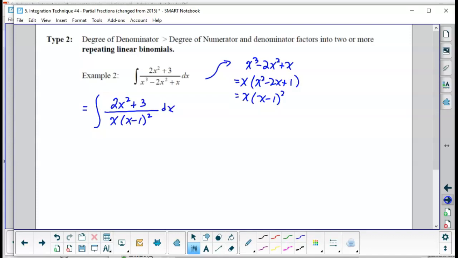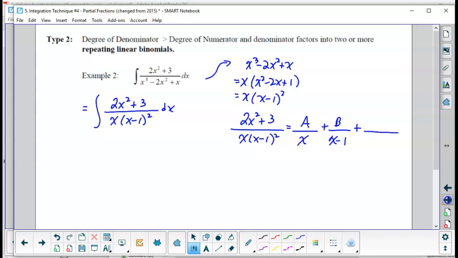Okay, so in this case, a little bit different. So we have our 2x squared plus 3. So I'm going to have a over x, just like before. Then we have to have b over x minus 1. And you might think, oh, I'm going to stop there, because those are the only 2 different factors.